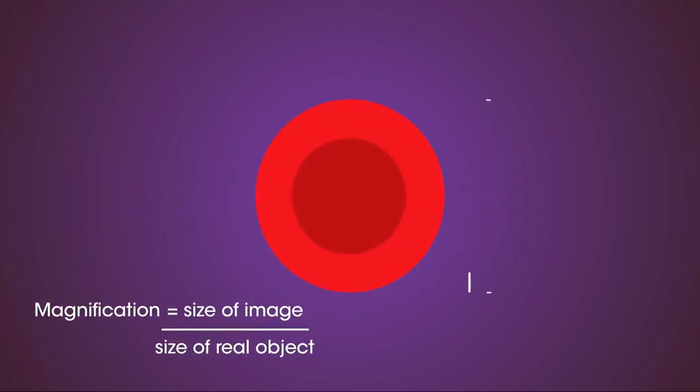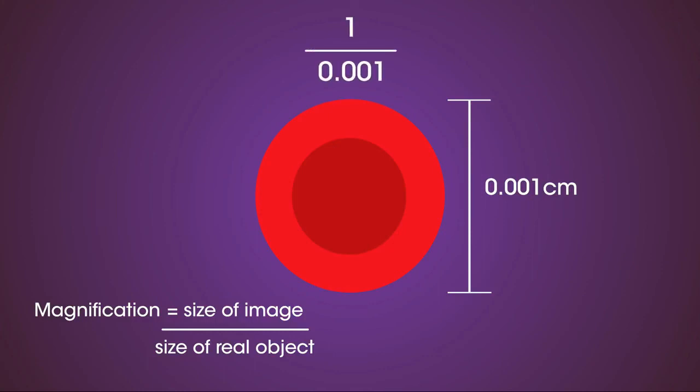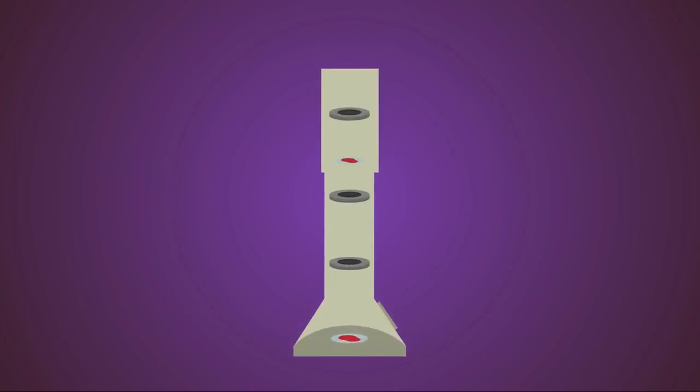So, if the diameter of an image of a red blood cell in a book is 1 cm and the actual diameter of a red blood cell is 0.001 centimeters, then the magnification used must be 1 divided by 0.001 equals ×1000.